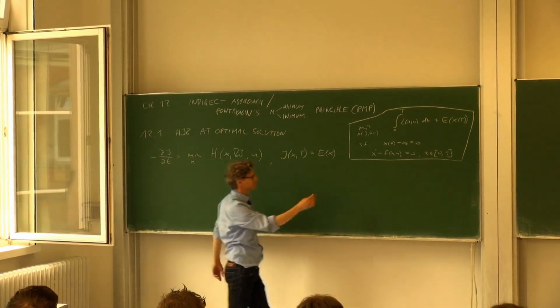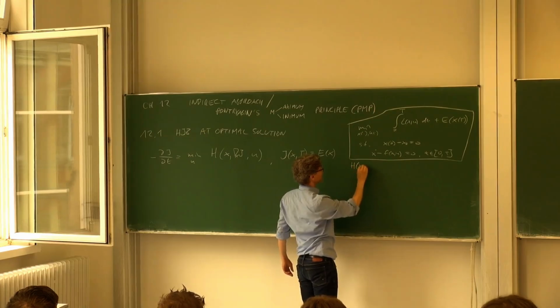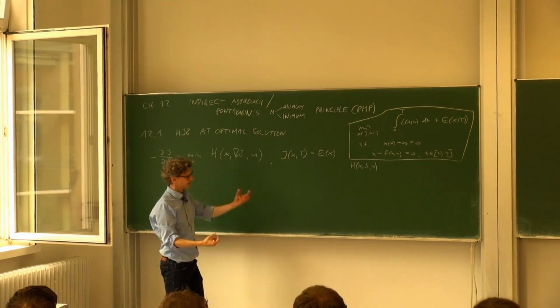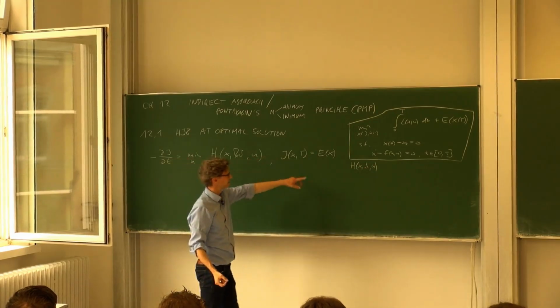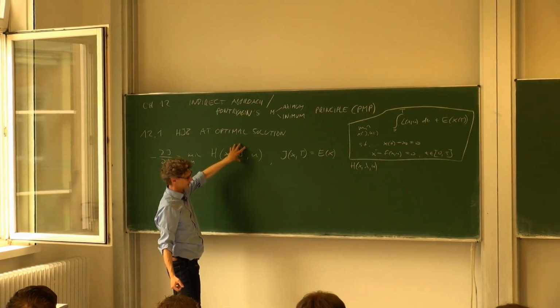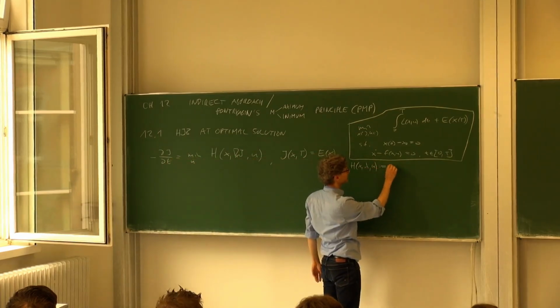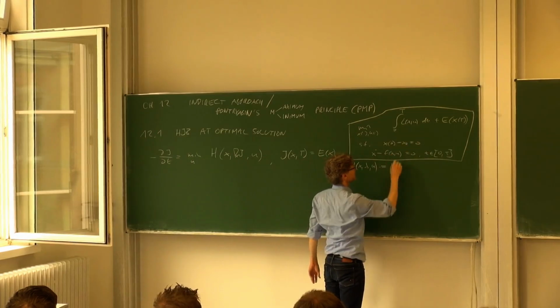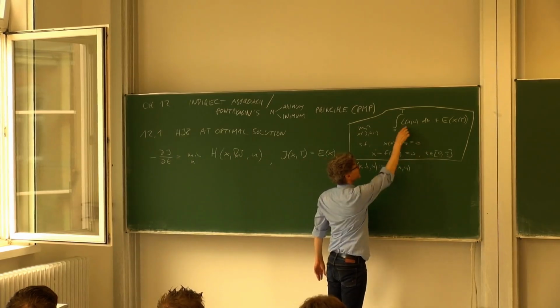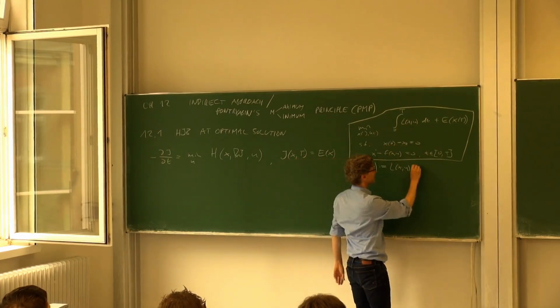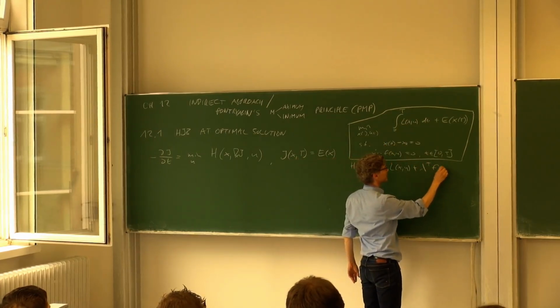And you remember that this Hamiltonian function was something that we would define more generally, for any lambda that has the same dimension as the state, but it's actually related to the gradient of the cost-to-go function. And this function, the Hamiltonian function, was defined to be the running cost, the cost under the integral, or the Lagrange term of the cost, as it's sometimes called, plus lambda transpose times f of x and u.